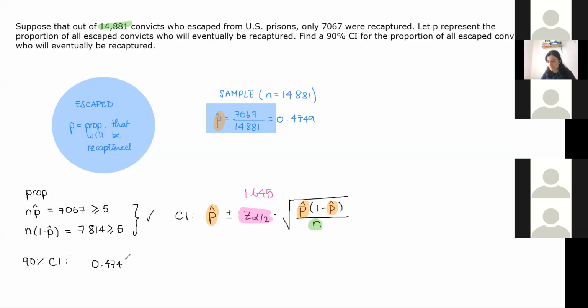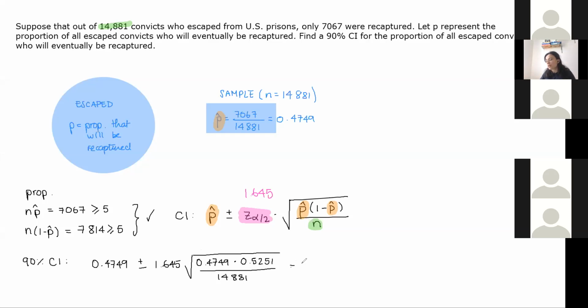0.4749 plus or minus 1.645 times the square root of 0.4749 times 1 minus 0.4749, which is 0.5251, divided by n, which is 14,881.